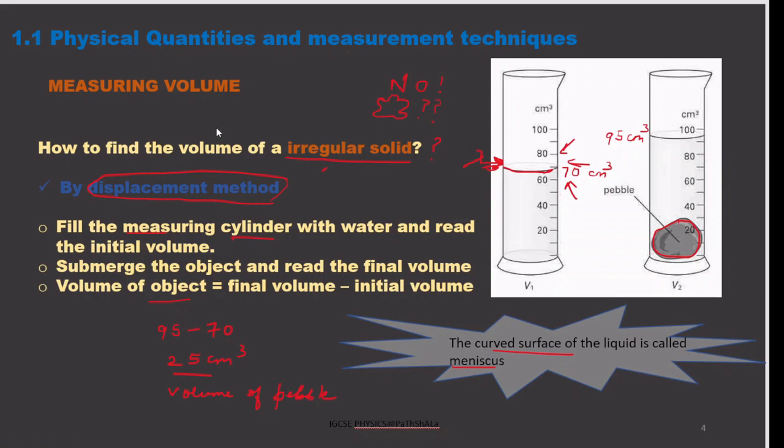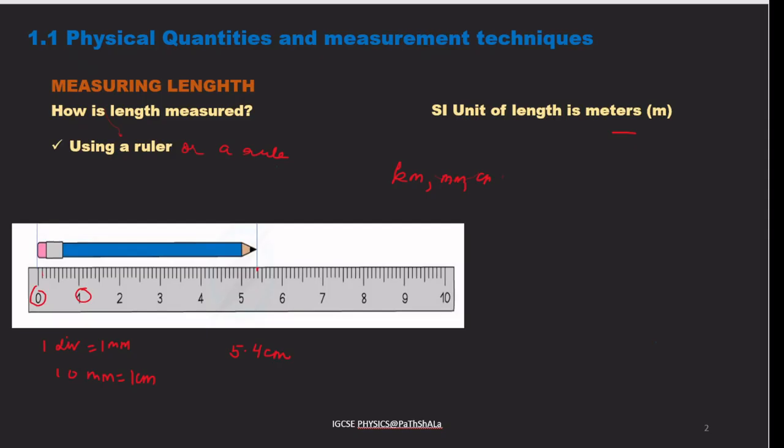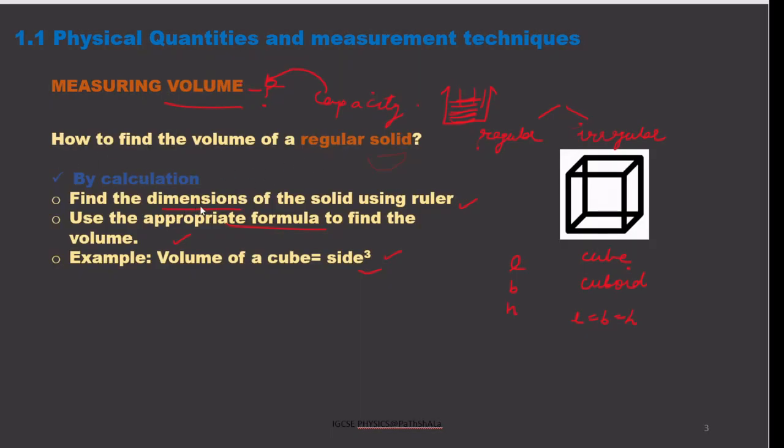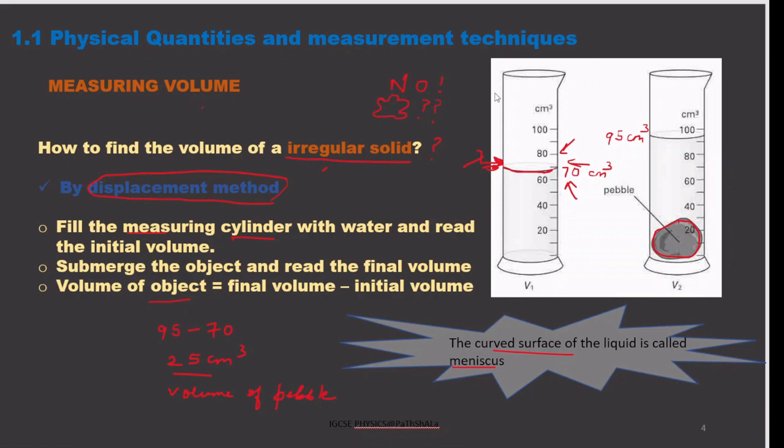So just to quickly repeat, how do we find volume for regular solids? For regular solids, I will simply take the dimensions, use the formula and get the answer. In case of irregular solids, I will use a measuring cylinder. I will place some water and take the initial reading. Then I will place or submerge the object of which I have to find the volume.